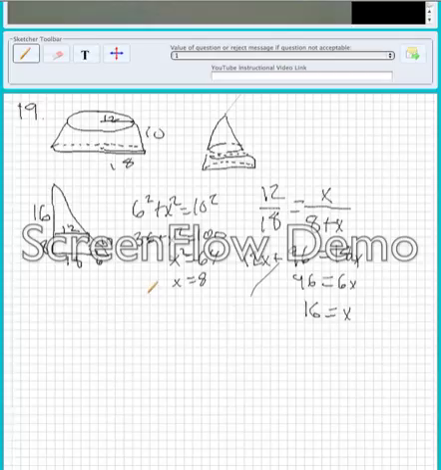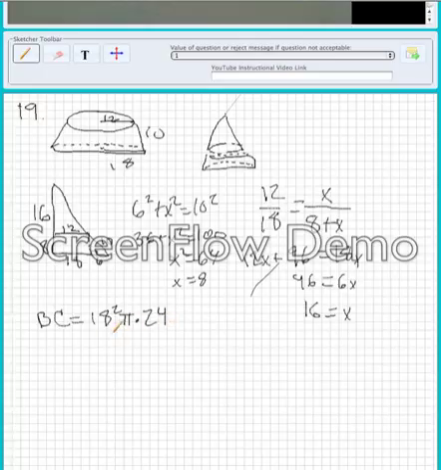So first we're going to find the volume of this entire thing, and that's going to be the area of the base, so we'll say big cone, is the area of the base, which is 18 squared, that's the radius, pi, times the height, which is 16 plus 8 is 24.